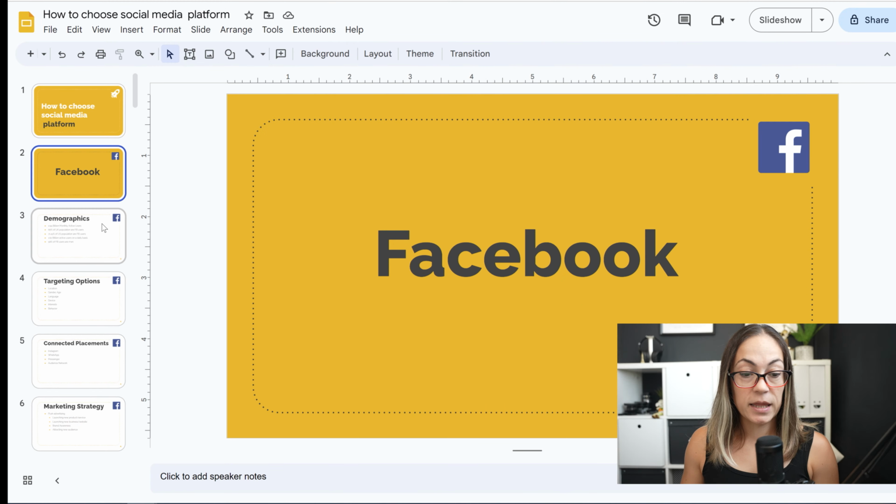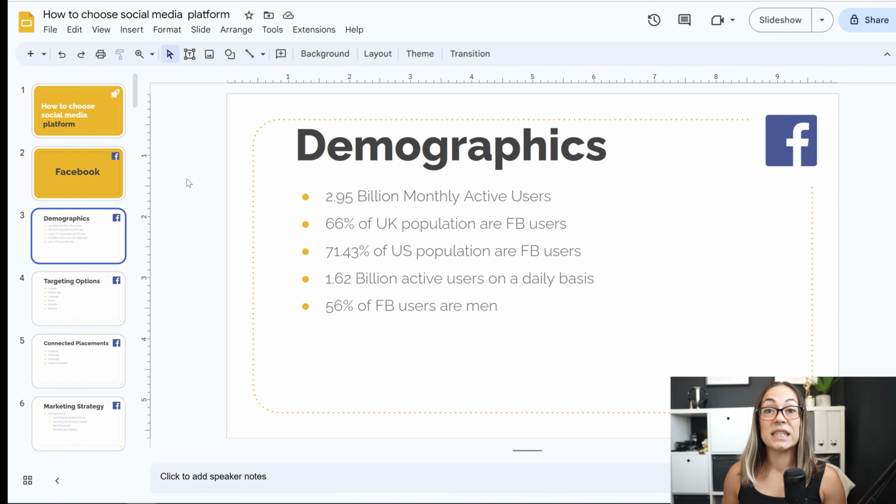The first key metric that I would like us to understand is demographics. Demographics, or in other words, who is using this platform. Why is that important? For example, if we take Pinterest, I know that more women are using Pinterest than men. If we talk about TikTok, I know that the average age of users on TikTok is from 10 to 19.